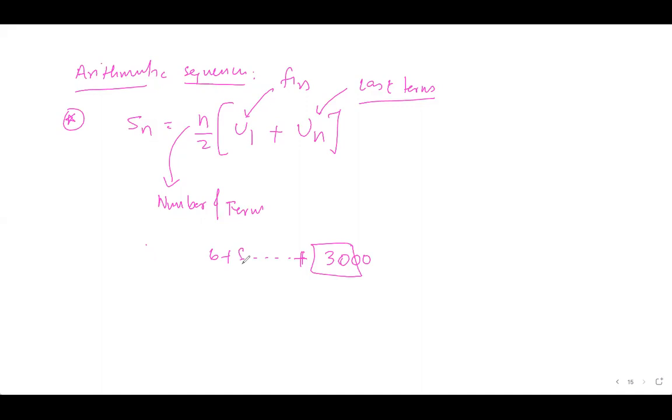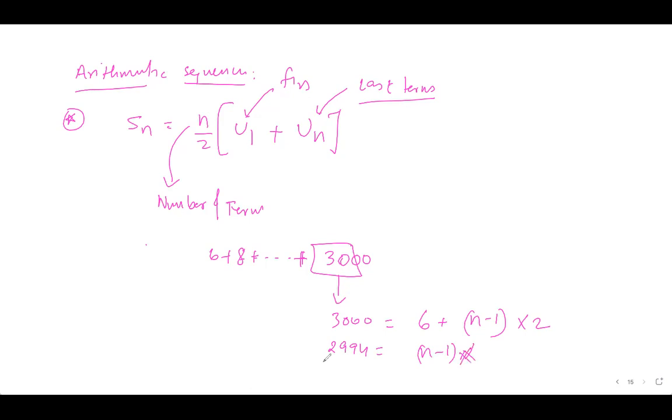I can equate the last term, because it's one of the terms, to find out at which position it sits. So 3000 equals u1, which is 6, plus n minus 1 times the difference, which is 2. This is the new sequence, not the previous one. So from here I get 2994 equals n minus 1 times 2.